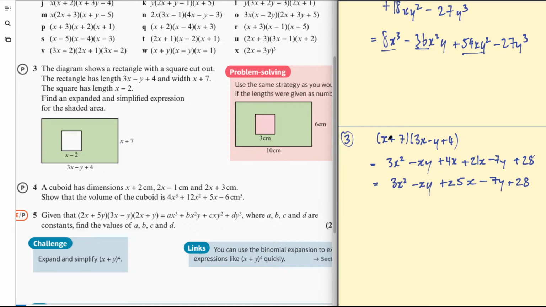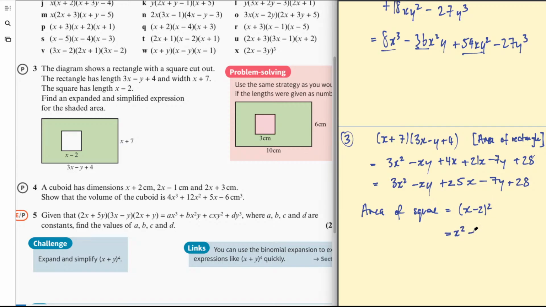And then the area of the square, so I should say this is the area of the rectangle. And then the area of the square is x take 2 squared.